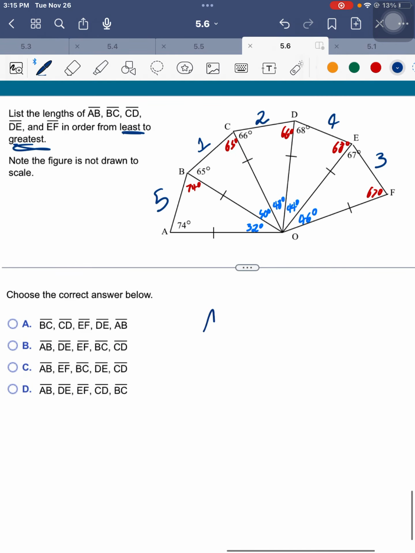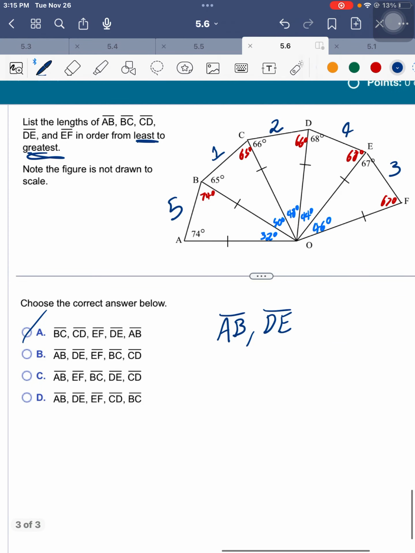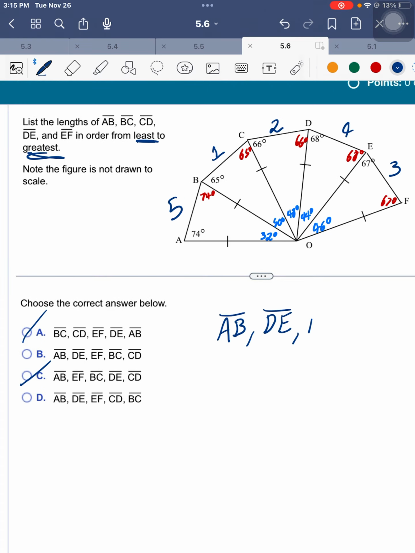So what do they want us to do? From least to greatest. Okay, so my first one has to be AB. So this is gone. My second smallest, I guess. So my first one, my least is 5. What's my second least? DE. Notice how I'm crossing it off as I go.